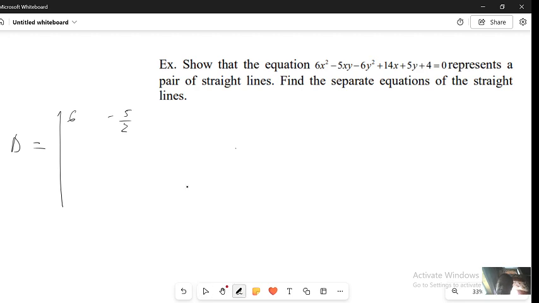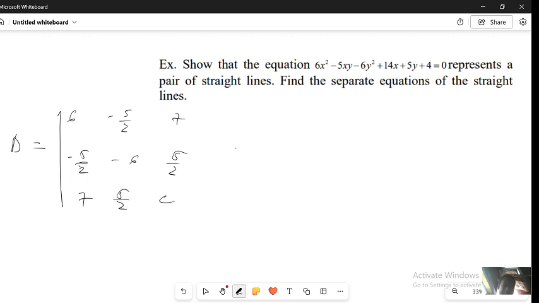Second row: h, minus 5 by 2, the value of b, minus 6, and the value of f, 5 by 2. Third row: g, 7, f, 5 by 2, and the value of c, which is this one.